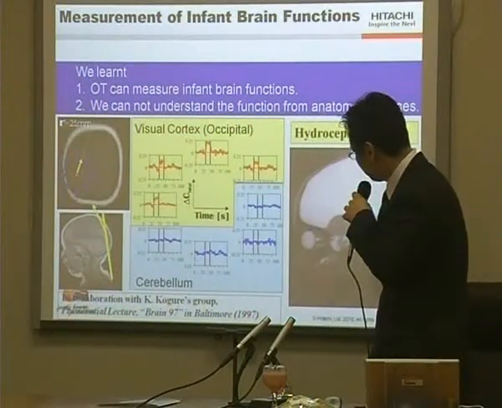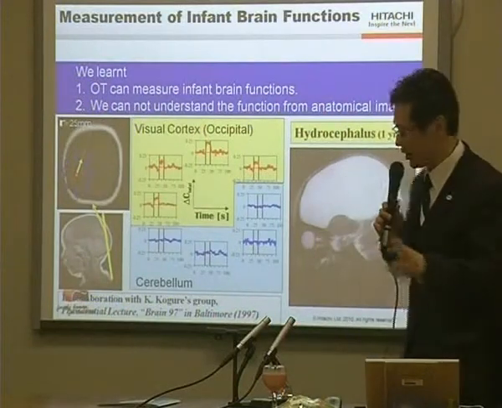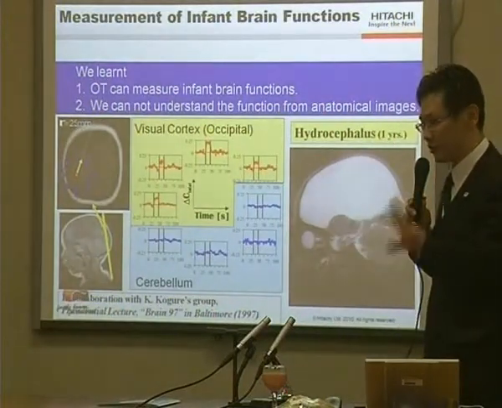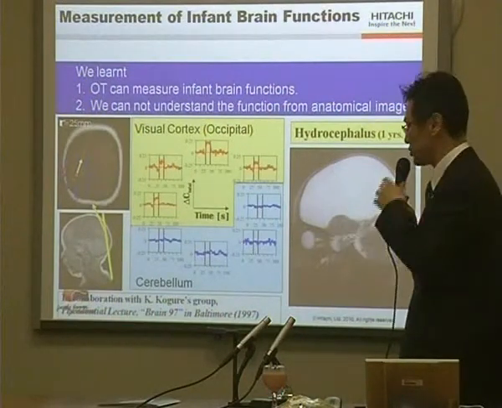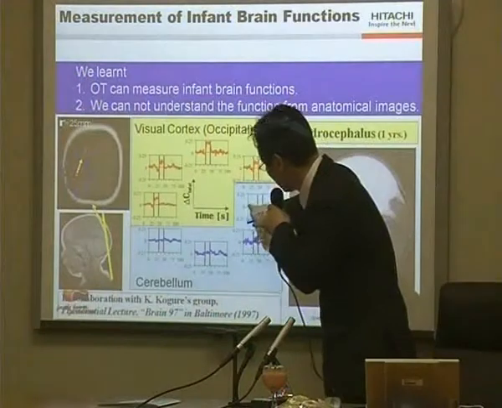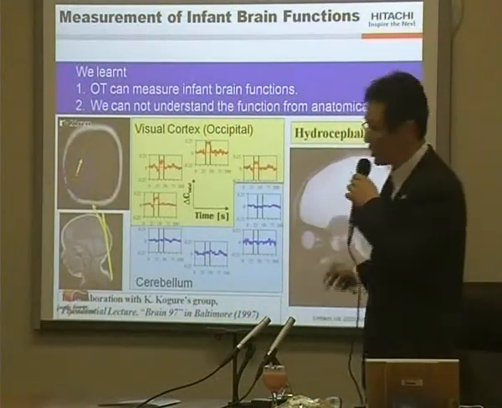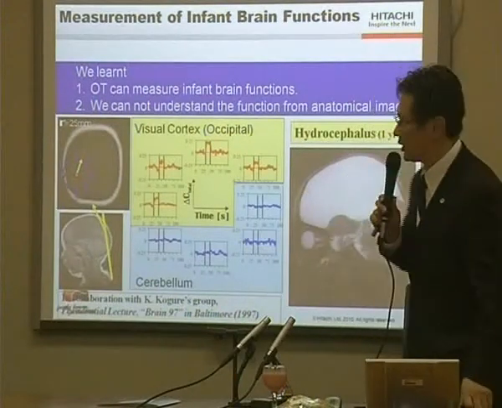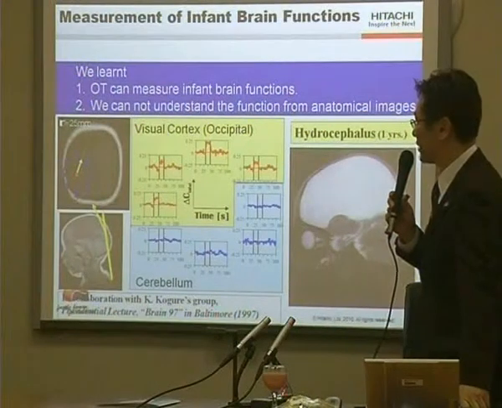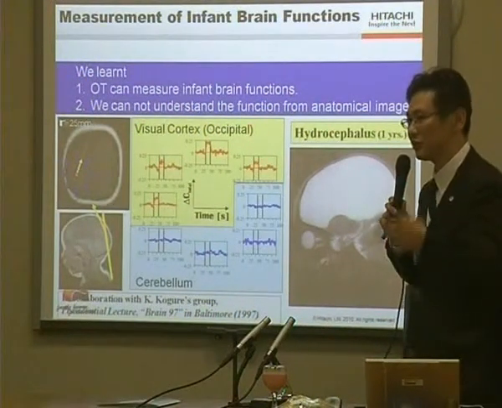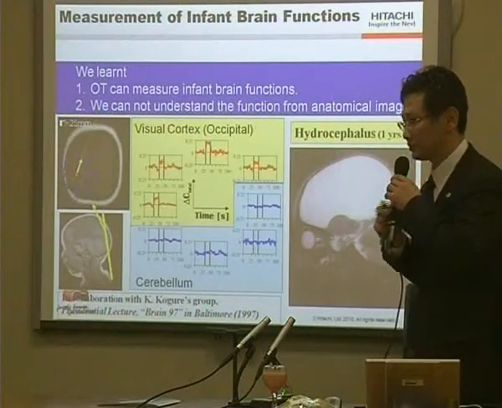However, the cerebrum, this part, has no relationship to visual functions, so there is no signal in the cerebrum. So finally, we found that this baby can see. However, we don't know if this baby can recognize shapes or something like that. But anyway, this baby can feel the light.